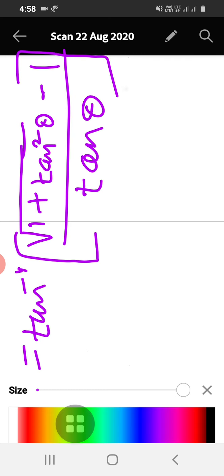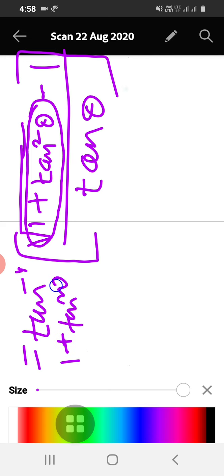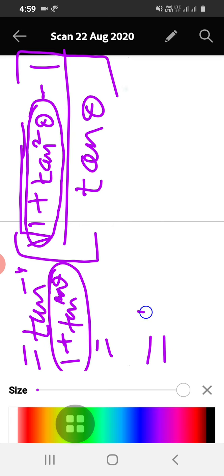This is my first step. Under the square root I have 1 plus tan square theta. According to the identity, 1 plus tan square theta is nothing but secant square theta.